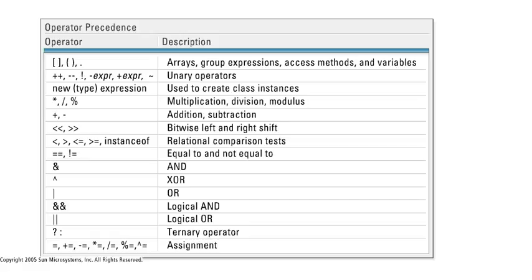So in my previous example, we would want to do the multiplication first and then the addition, and not go left to right. We'll be seeing this in the next slide. Now, I don't expect you to memorize this operator precedence, but you should know where you can find it if you have any questions.